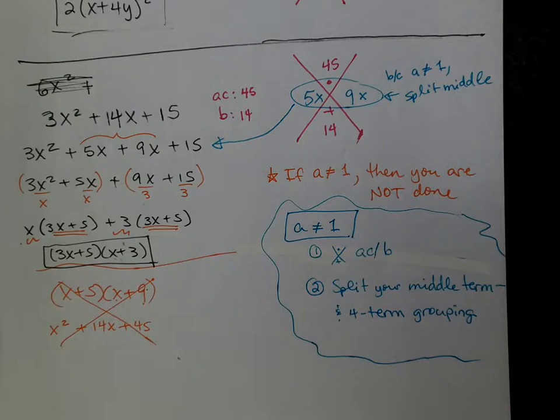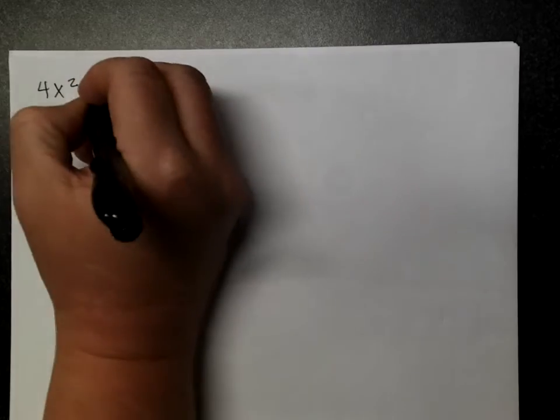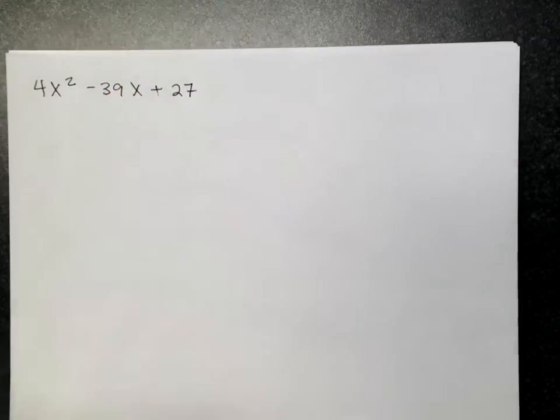Okay, so try this. Do 4x squared minus 39x plus 27.